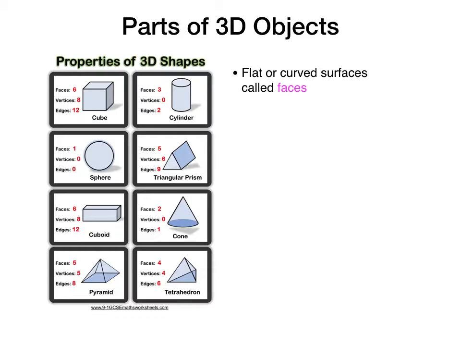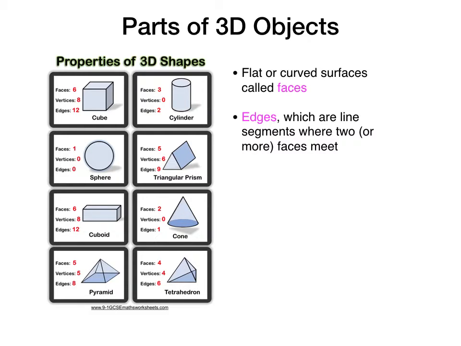Well, your faces are your flat or curved surfaces. So any flat or curved surface in a 3D object is called a face. Then your edges are the line segments where 2 or more faces meet.